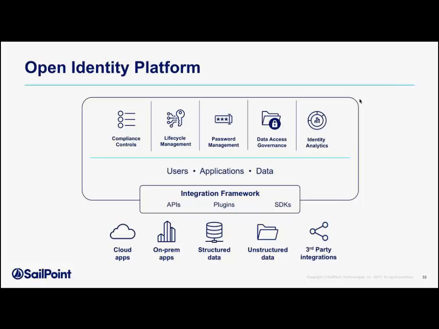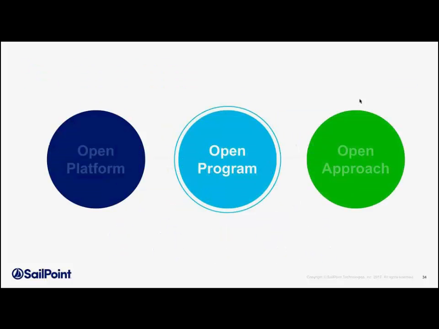I use that word very deliberately, an ecosystem of integrated vendor solutions, all building on top of those APIs, plugins, and SDKs. So the open platform is fundamentally a set of capabilities and a foundation for the next building block, which is an open program.